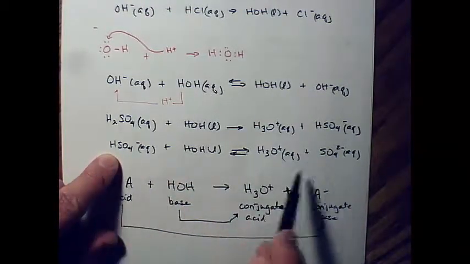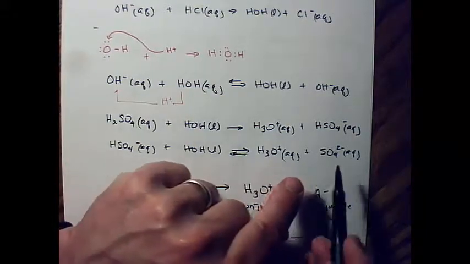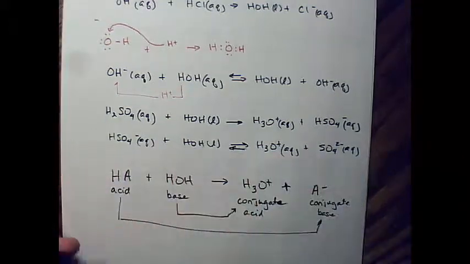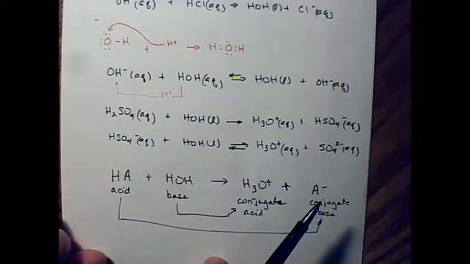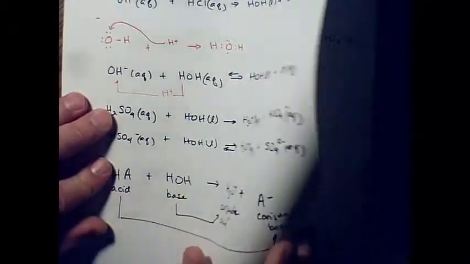It's going around and around and around, but if you measure the amount of this or this or this or this, as long as you don't change the conditions, the two sides would stay balanced all the time. A dynamic equilibrium, okay? And that's what weak acids and bases do. They form a dynamic equilibrium. So let's look at a weak acid, one that does not start with a strong acid, okay?